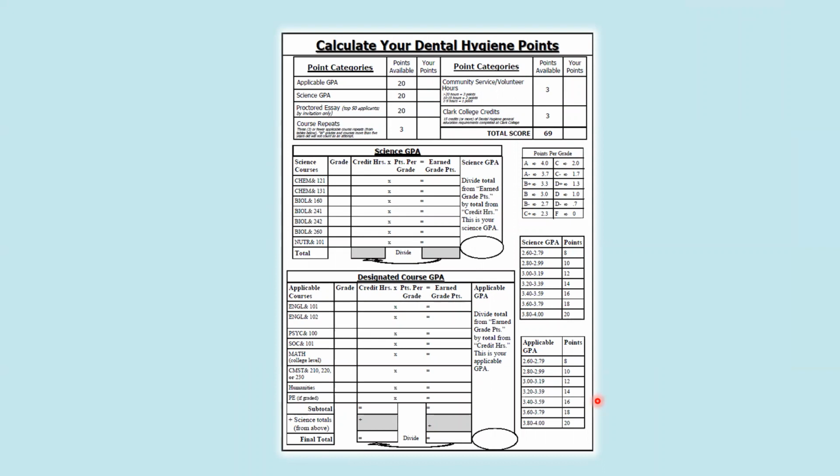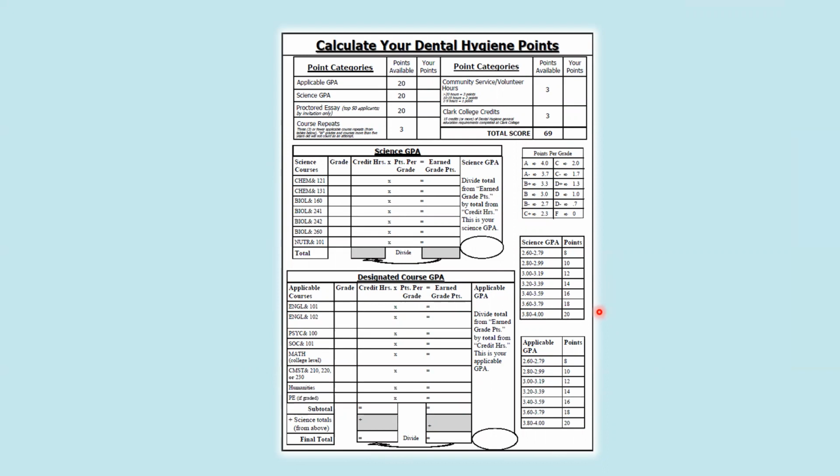The science GPA is also worth 20 points. The science GPA consists only of the science coursework, and we can see that the ranges are the same. So when we pull apart the science grades and put them into a GPA calculator, we're going to then award points based on what that group GPA is.